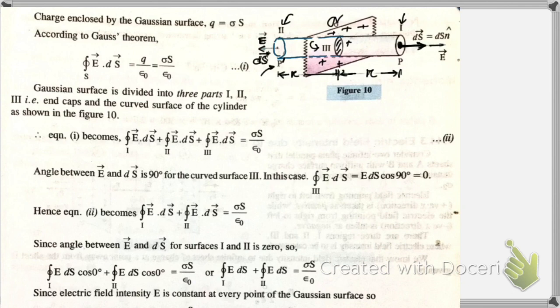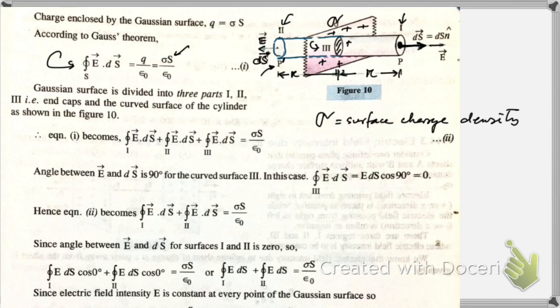right? So according to Gauss theorem, we should get this, and this Q here, you see, if sigma is the surface charge density, and the surface area S. So here you see, this S is the area of this Gaussian surface.